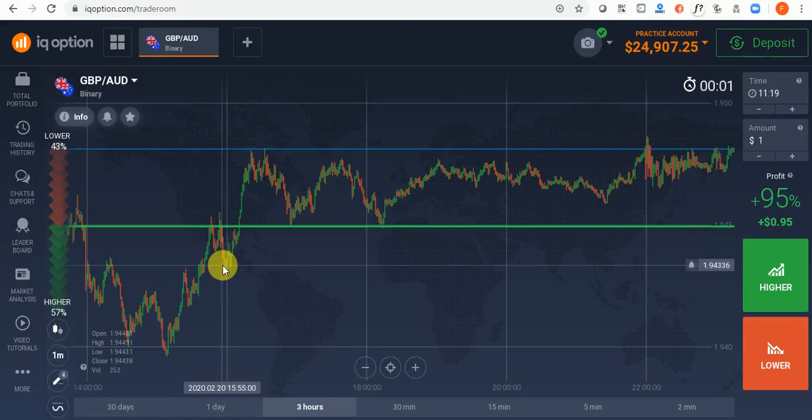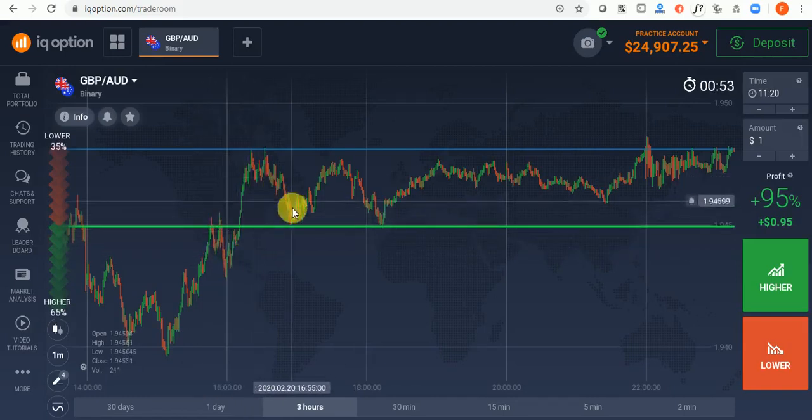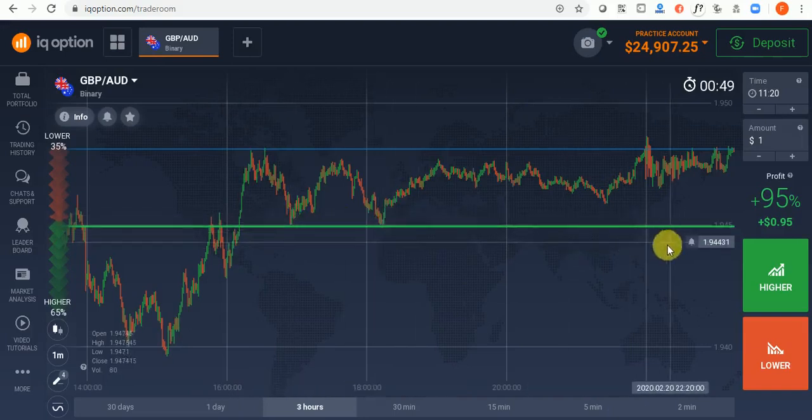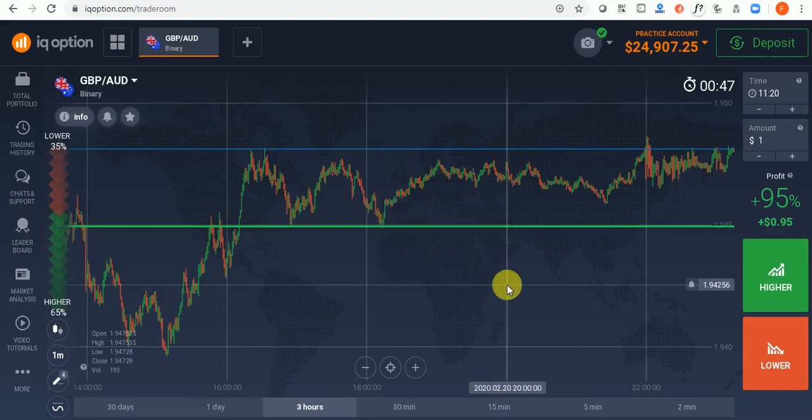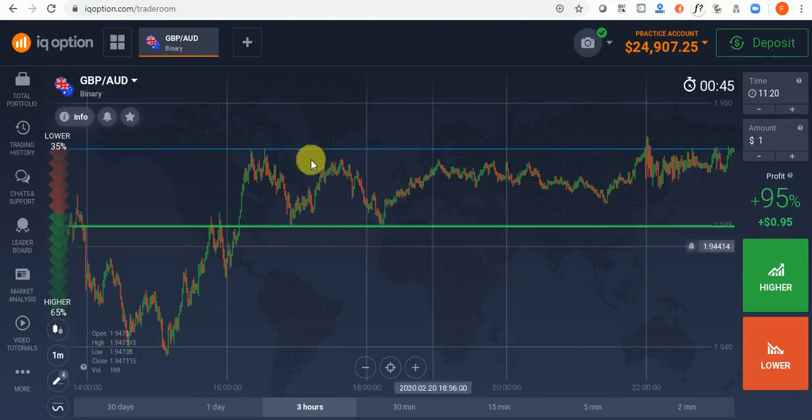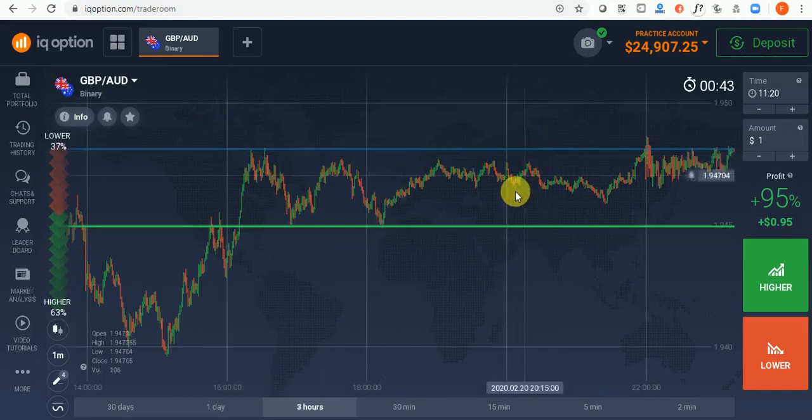So this line at this point was acting as a resistance, but when it got broken and price came back to it, it started acting as a support, and that was where we drew this line. So you want to look out for reactions along major lines. Once you get those reactions, depending on where the market is, we can tell whether the line will be acting as either a support or a resistance.